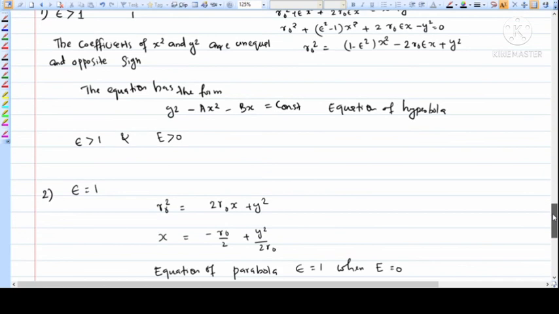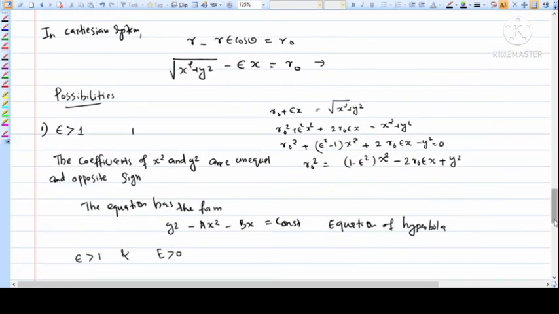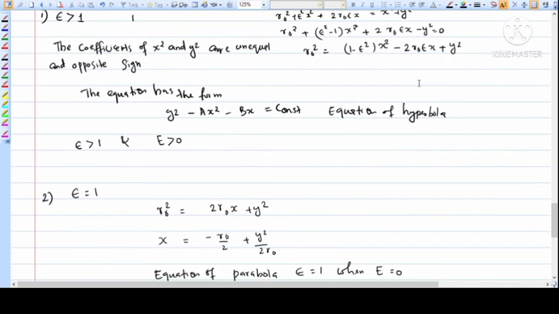So the equation has the form y square minus a x square. This is the term 1 minus epsilon square, put it as a and this term as b. So it will become of the form y square minus a x square minus bx is a constant. This is an equation for a hyperbola.